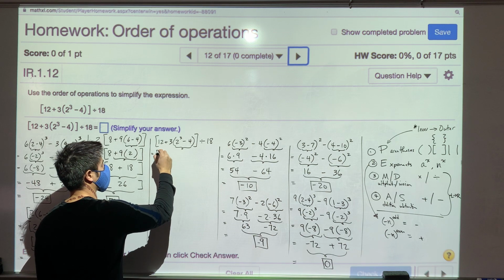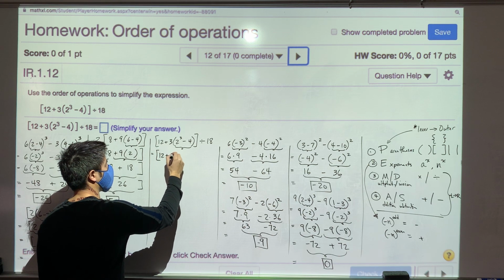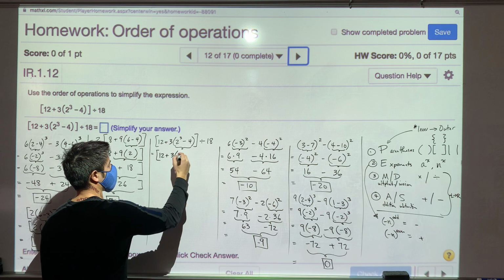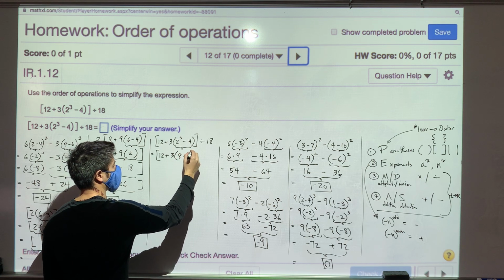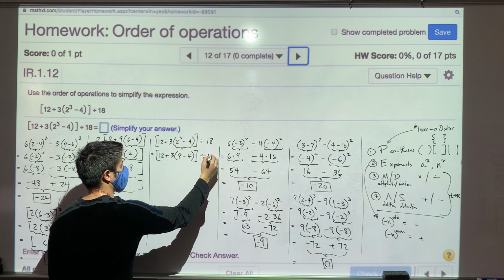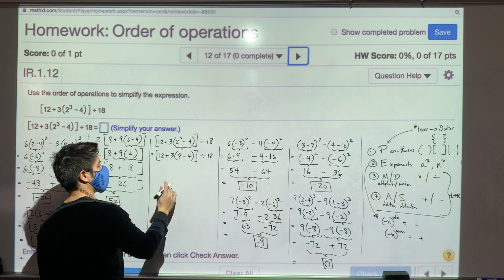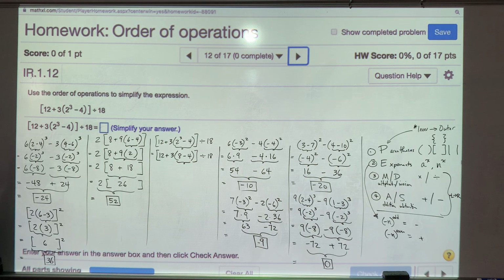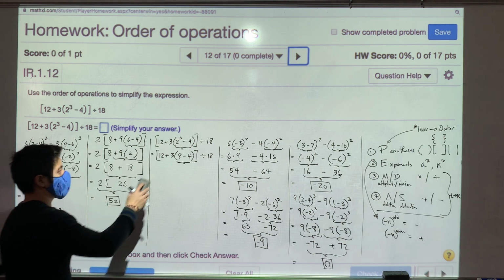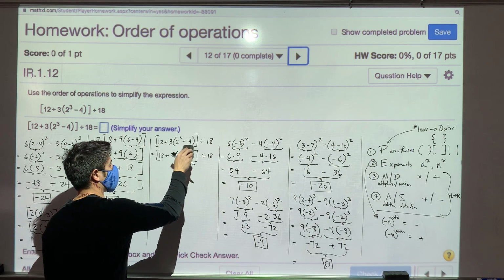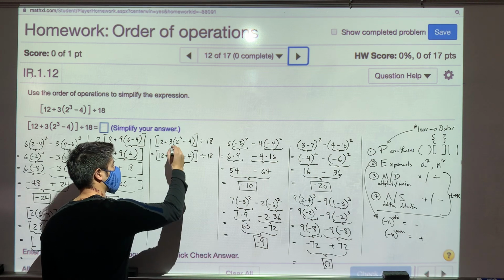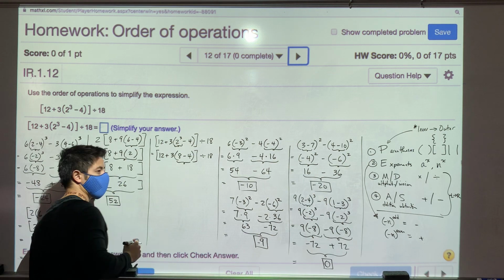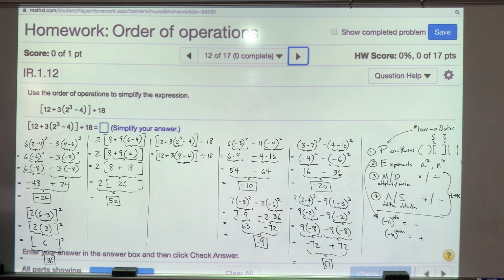In my next line of work, I have 12 plus 3, 2 to the third power is 8, minus 4. And I still have a little bit of work to do there. If I were to be very precise about my first step, it is simply that I'm doing the exponent in the innermost parentheses.